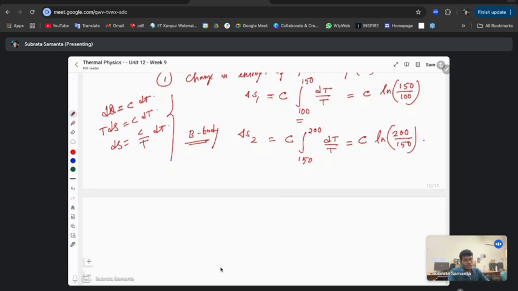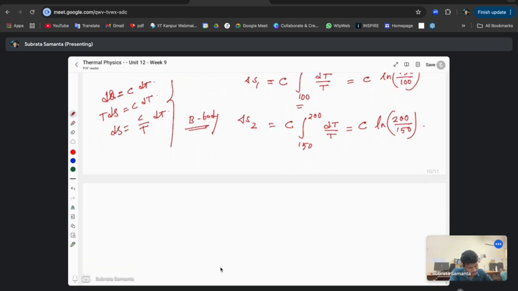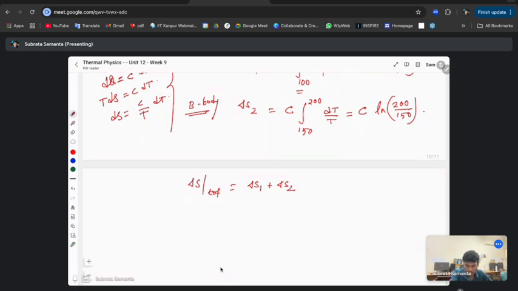So the total change in entropy, delta S total, is delta S1 plus delta S2.